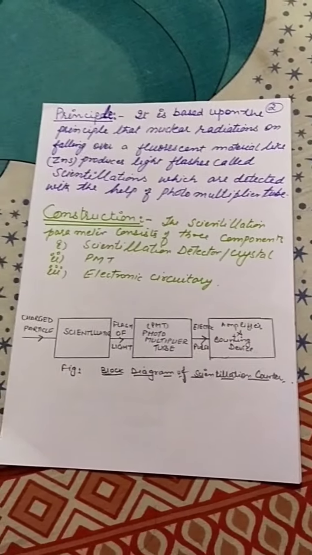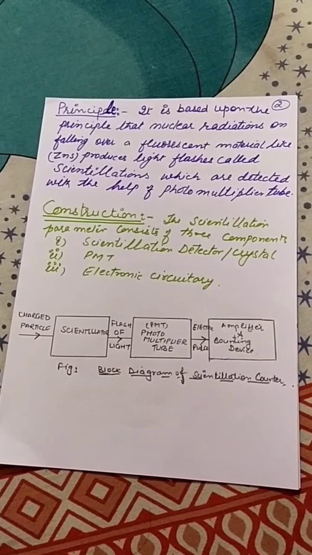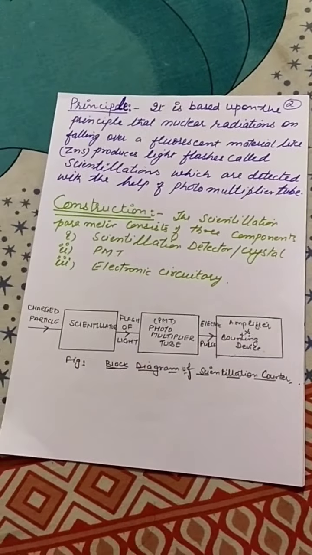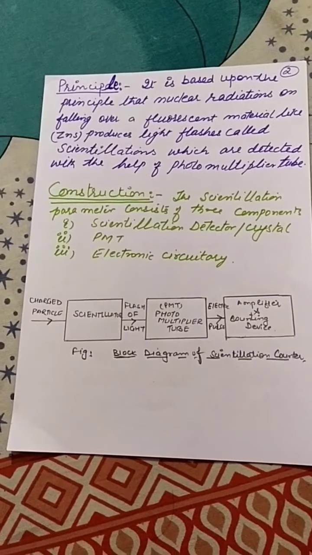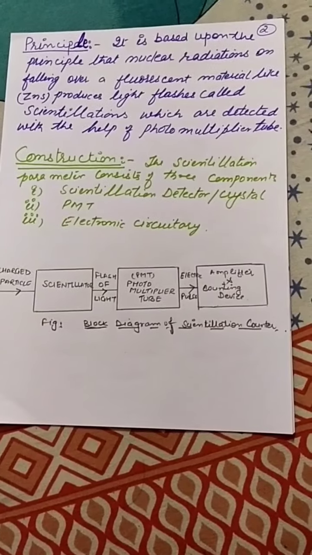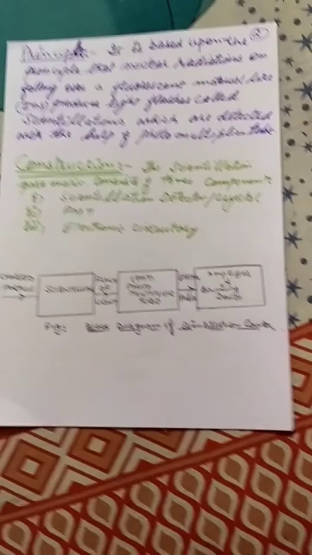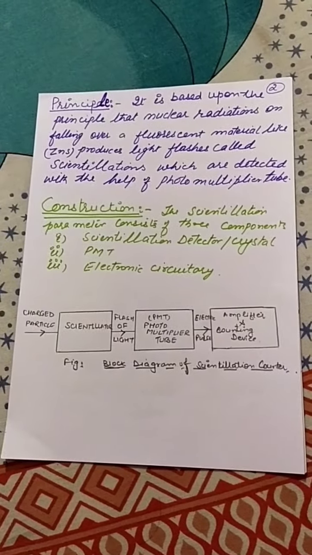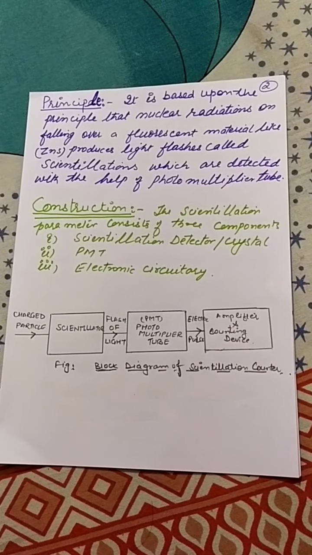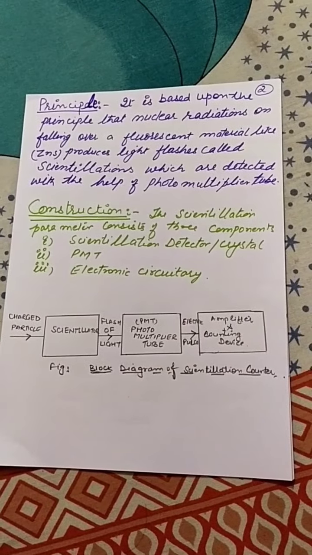Now the principle. It is based upon the principle that nuclear radiations on falling over a fluorescent material like zinc sulfide produce light flashes called scintillations, which are detected with the help of photomultiplier tubes. Now the construction.